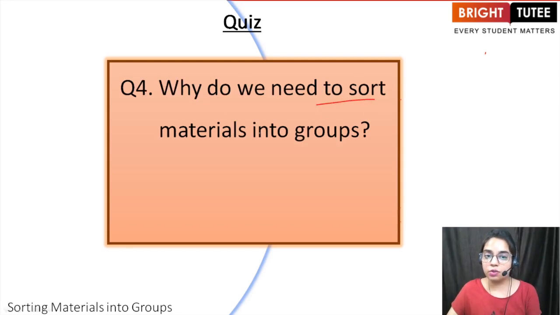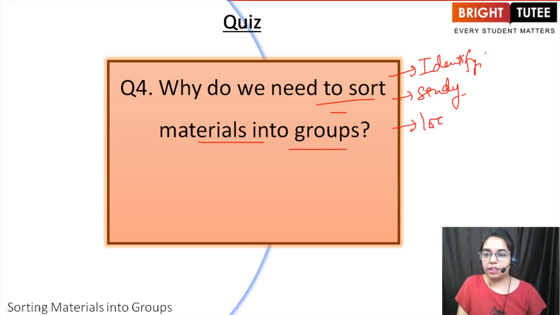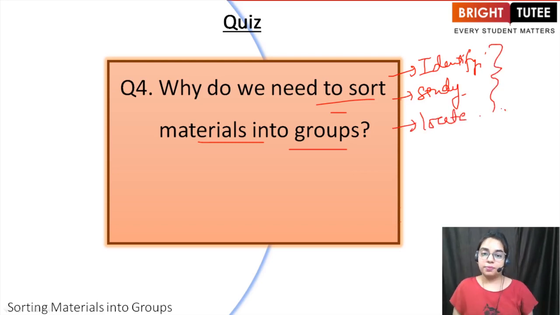Why do we need to sort materials into groups? So children, we need to sort materials into groups so that we can identify those objects easily, we can study their properties easily, and we can locate them. These are the 3 points which you have to write in this question.